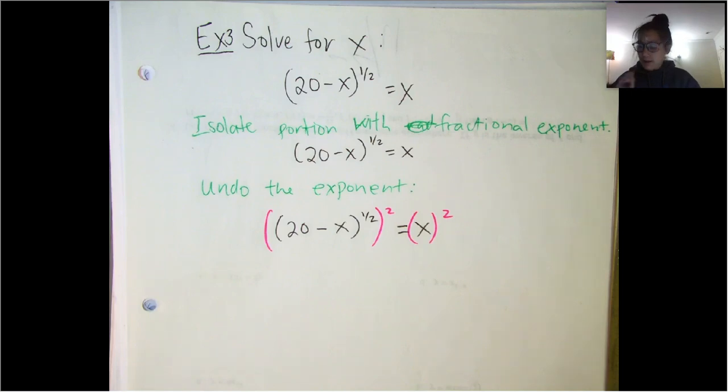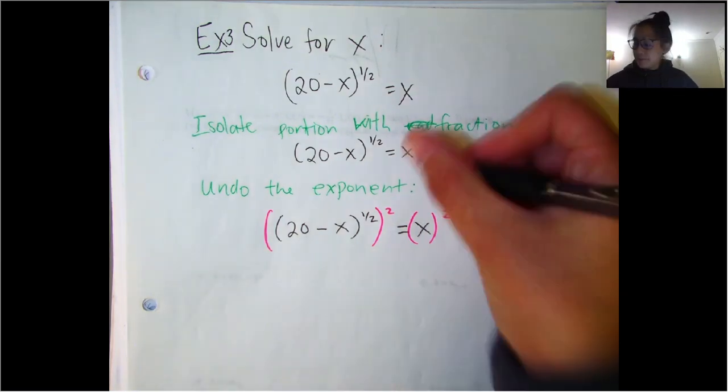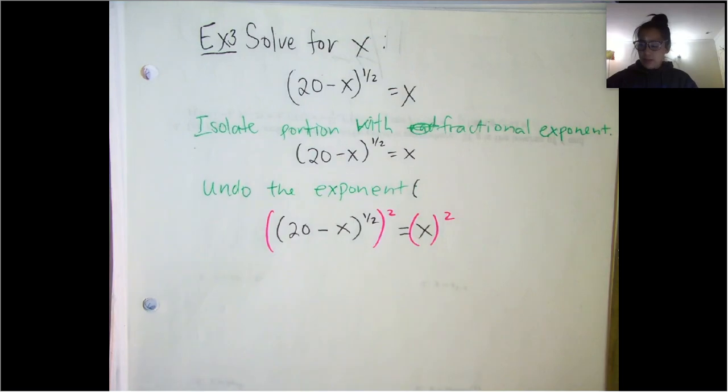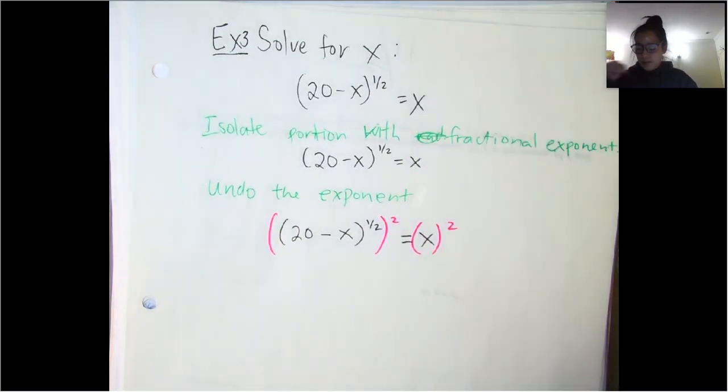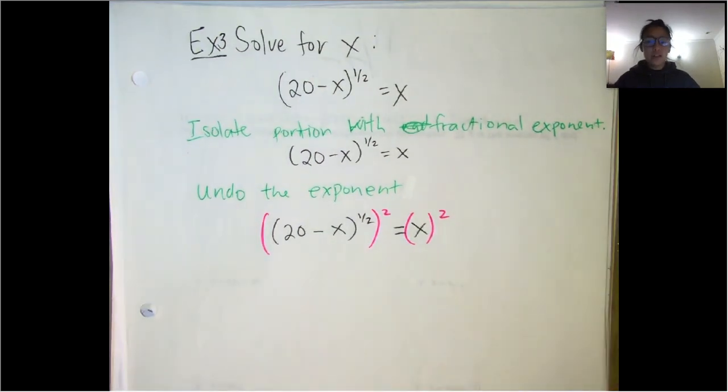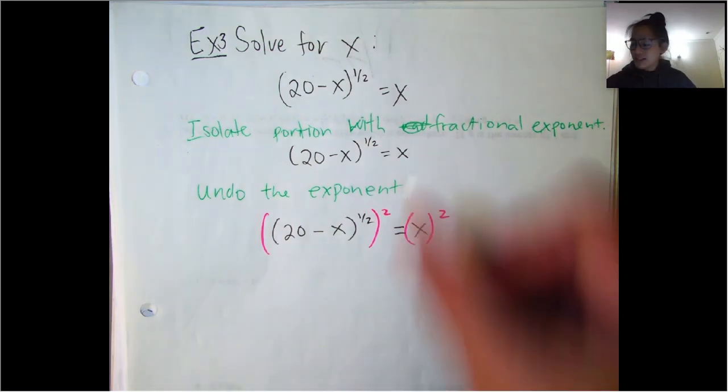So in general, when you have fractional exponents, you're going to raise both sides to the reciprocal of the original exponent. Okay, so you're going to undo the exponent by raising both sides to the reciprocal power.